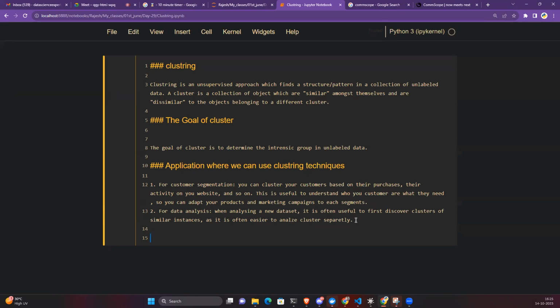But if I give you different countries' customer data, then it's very hard to identify, right? So first of all, cluster that data into particular clusters and then do the analysis, which will be easier, right?